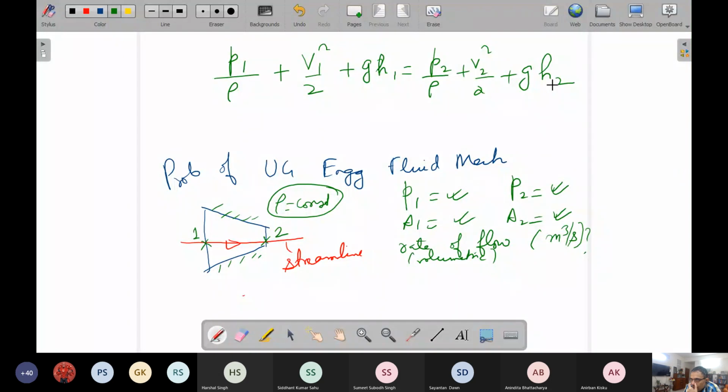Right? And those of you who have gone through a first level of engineering course will have a little deeper understanding and will say that there are certain restrictions behind writing this, and one of the restrictions we have satisfied by considering 1 and 2 on a streamline. Right? Anything more as a restriction?